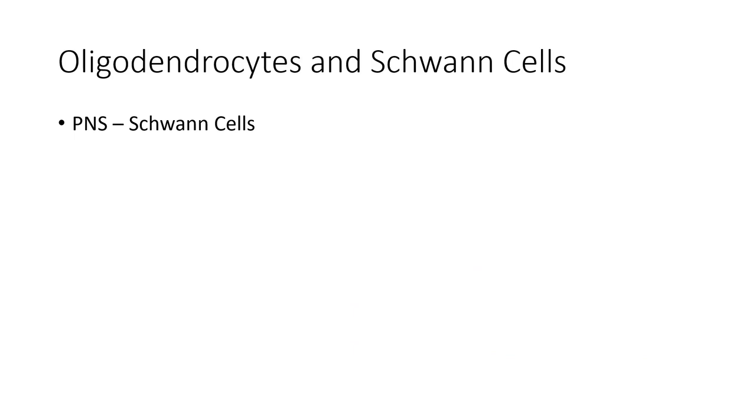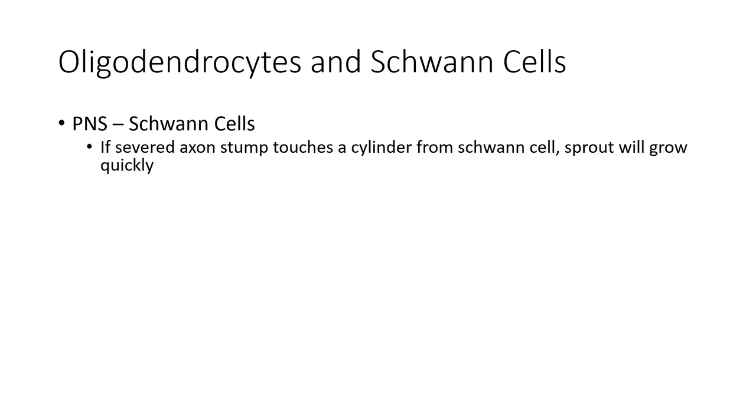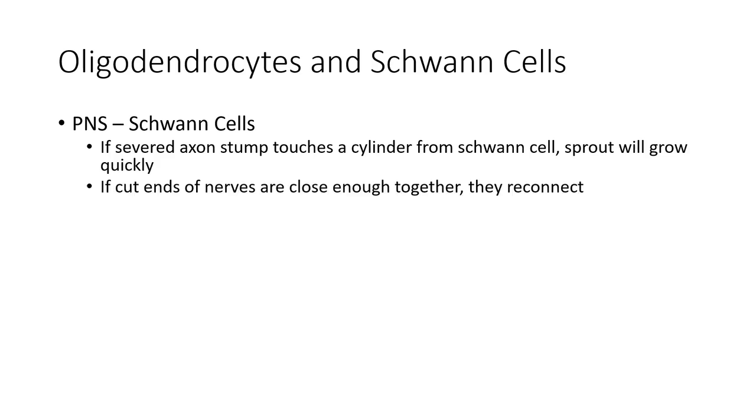Now, I had already drawn the comparison here between the oligodendrocytes in the central nervous system and the Schwann cells in the peripheral nervous system. So I would like to focus on these two a bit more. Basically, in the peripheral nervous system, if we have an axon of a neuron that's damaged and it's kind of like a stump, if it touches a bit of a Schwann cell, it can sprout and begin to grow again quickly.